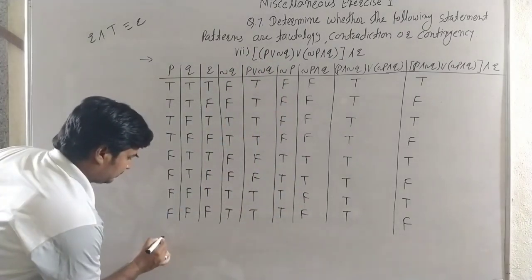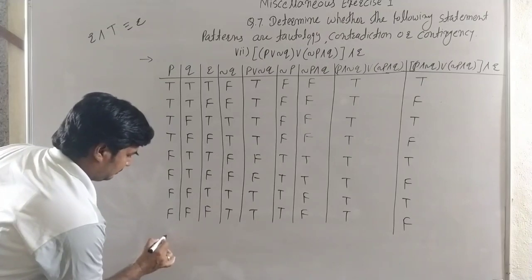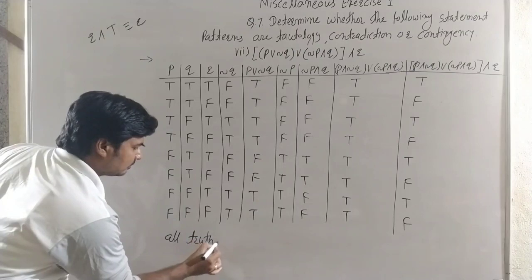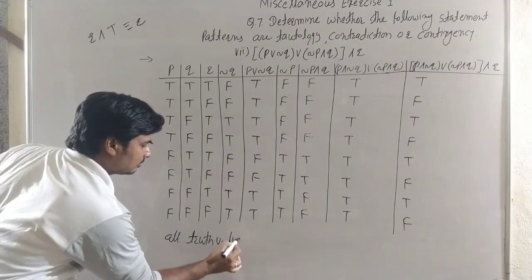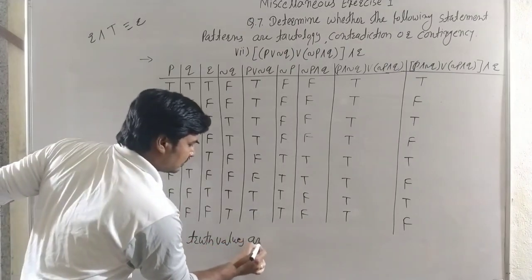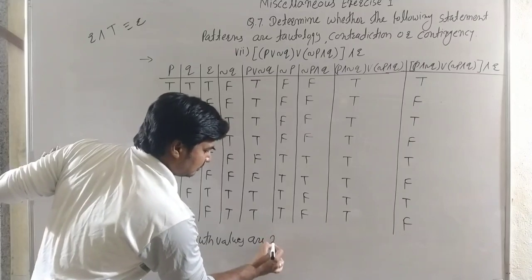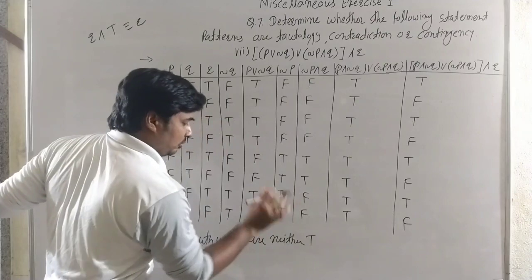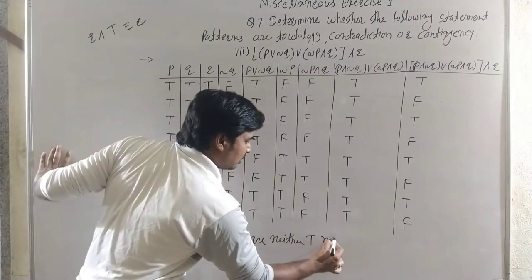Here all truth values are neither all true nor all false.